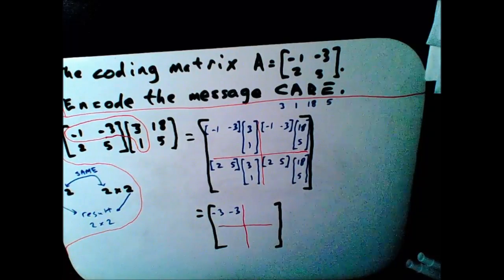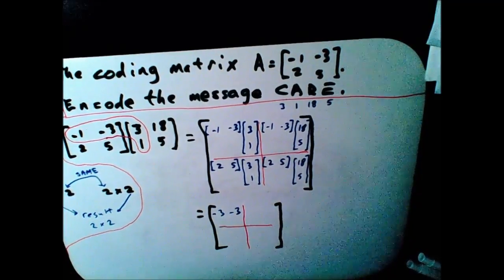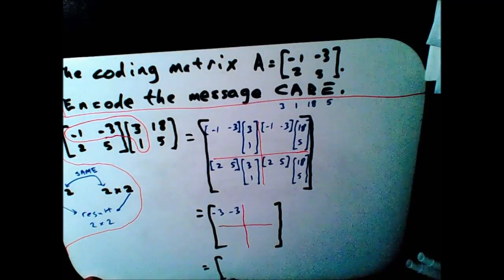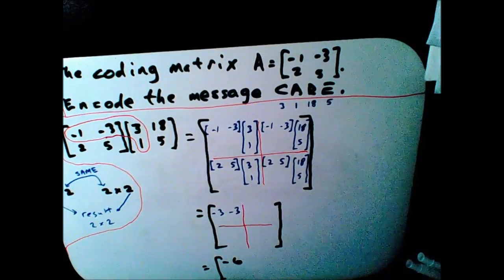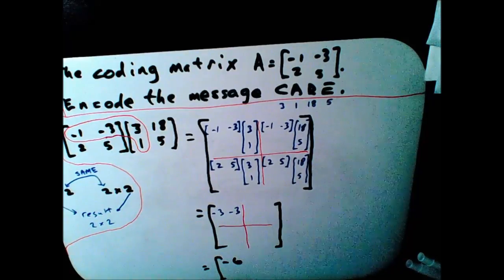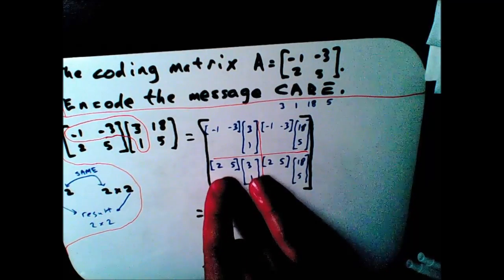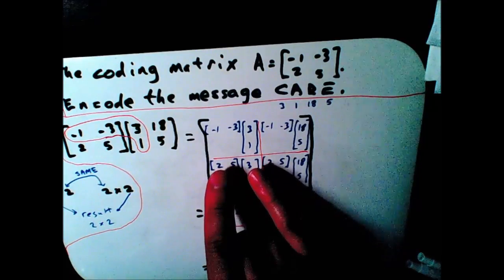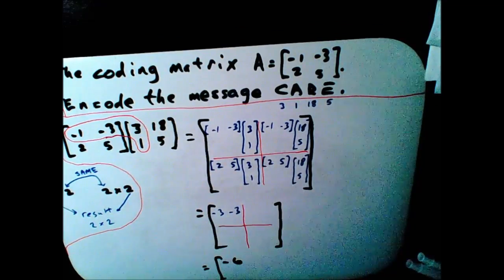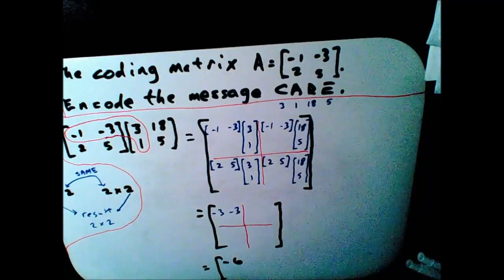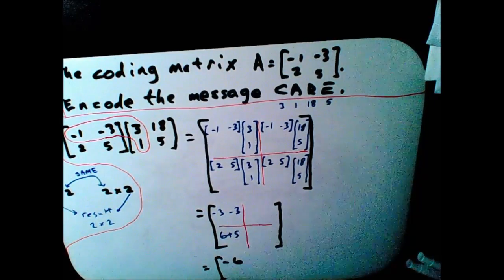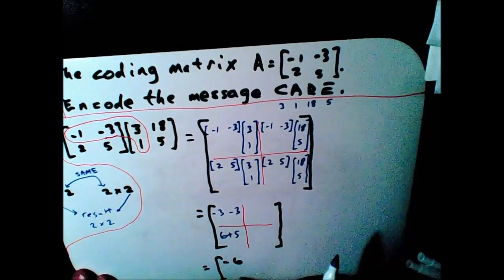And so in the answer, we're going to have a -6 in row 1, column 1. Well, let's see. This one is 2 times 3, 6, plus 5, which is 11.